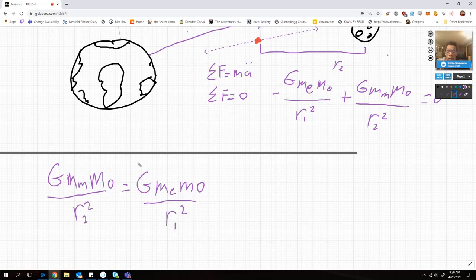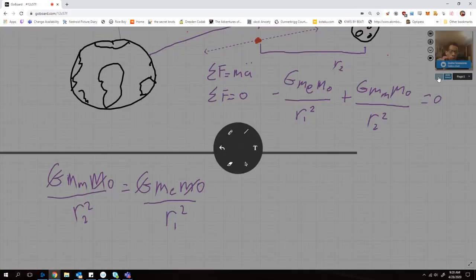All right. Now we can see from here that the mass of the object should cancel. My G should cancel. So what I'm left with is mass of moon over R2 squared equals mass of Earth over R1 squared. And then the issue here is that we have two unknowns, right? R2 and R1 are two unknowns. We don't know either of those values.